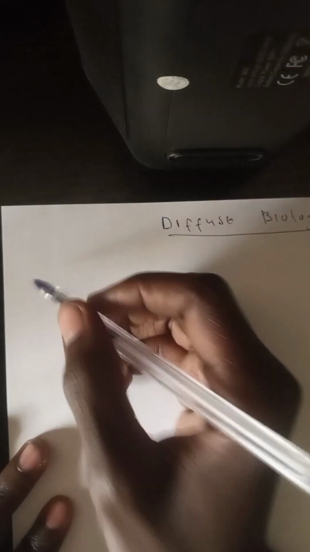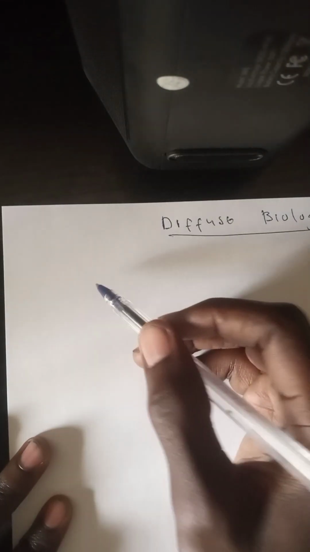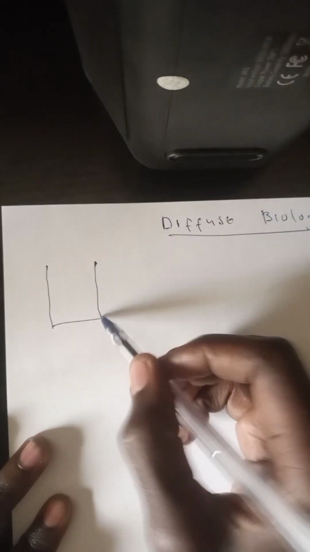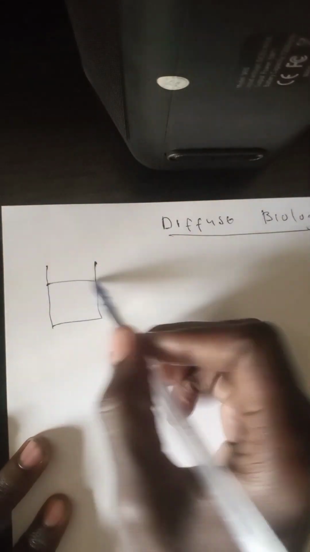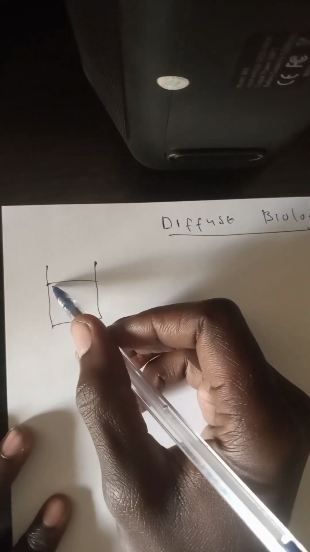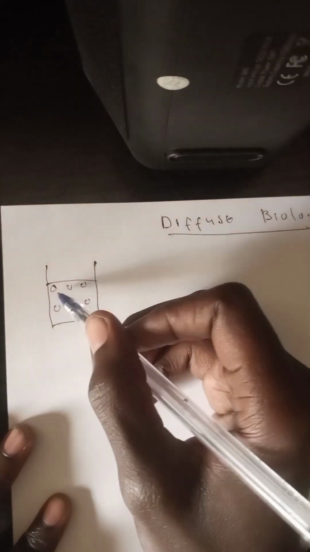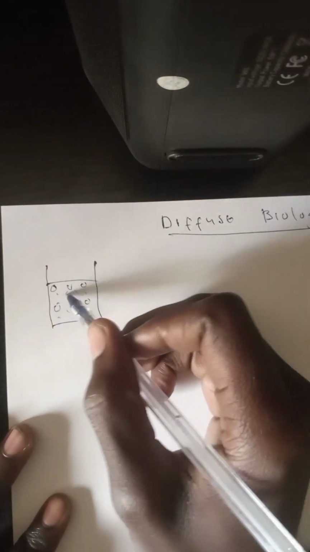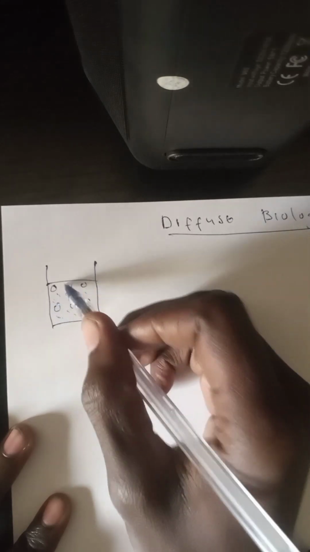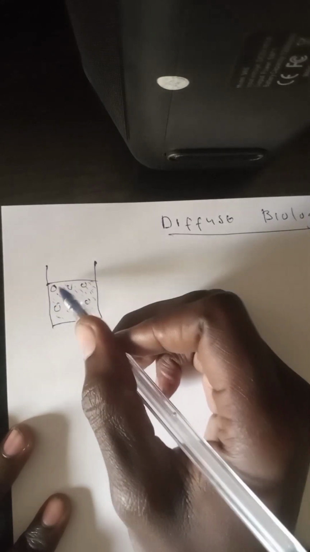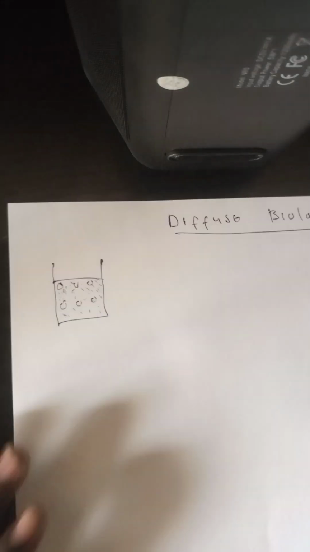So now let's look at this. Let's say this is a beaker. It contains water, with water particles, which are these. Then it has these other very small particles, which we could say are sugar.